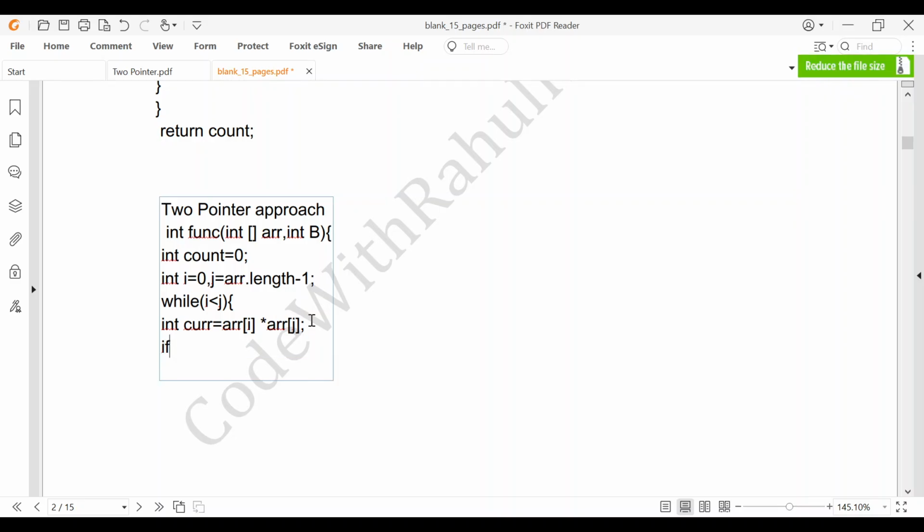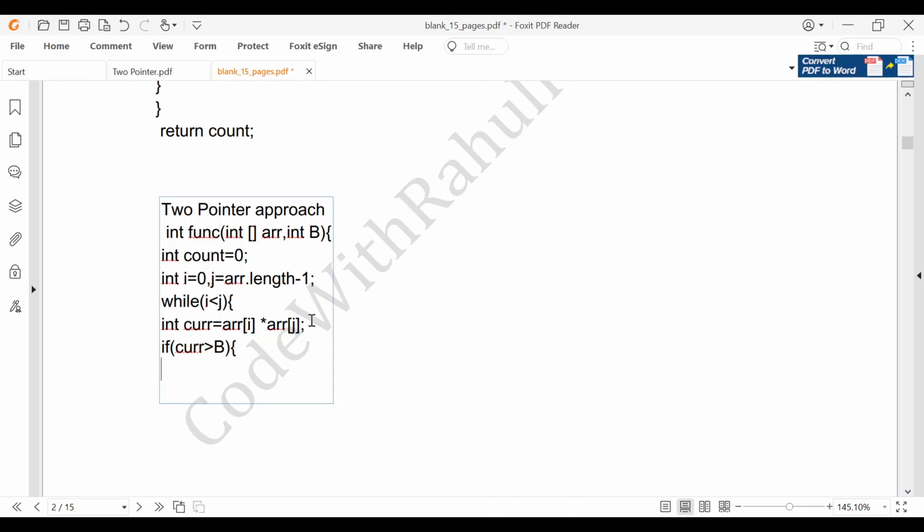Yes, if the current multiplication is greater than b, it means it is not a valid pair. If it is not a valid pair, we need to reduce the current element.